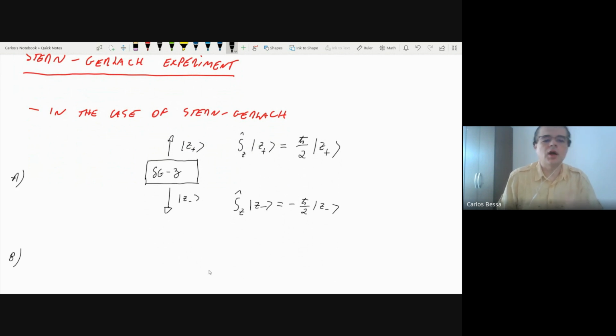When discussing, we have the orientation: the magnet is in the Z orientation. But there's nothing special about the Z orientation. We could have the same Stern-Gerlach experiment oriented in the X direction.